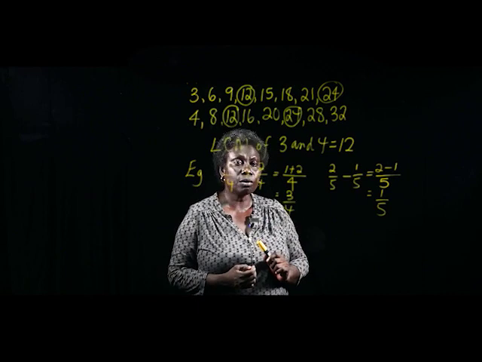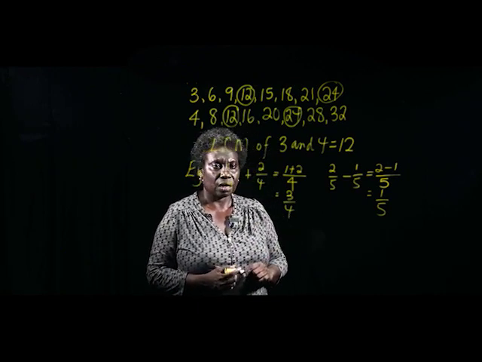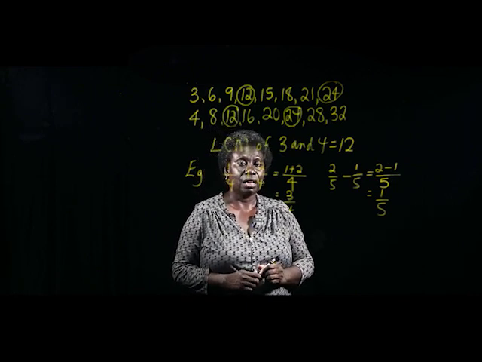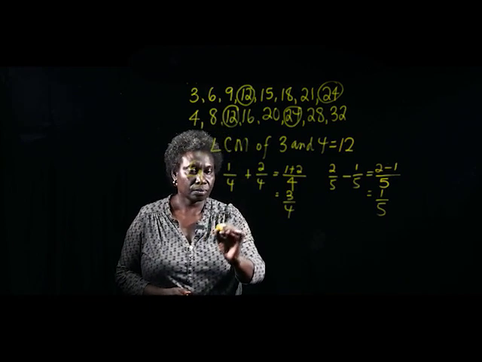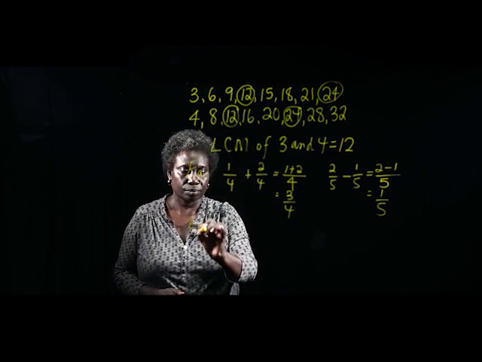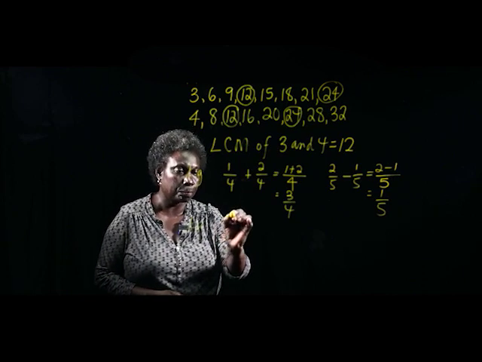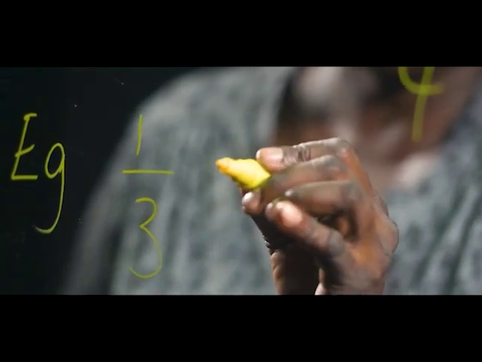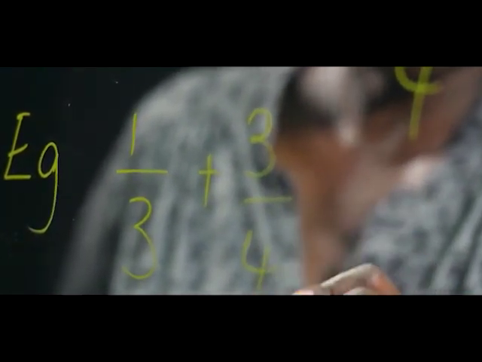Now, how do we add and subtract fractions with different denominators? Let's see. For an example here, we have 1 over 3 plus 3 over 4.